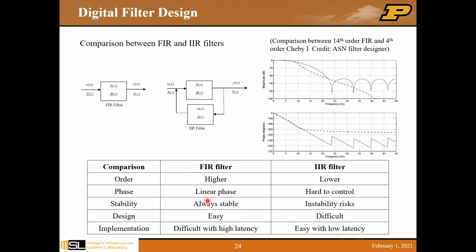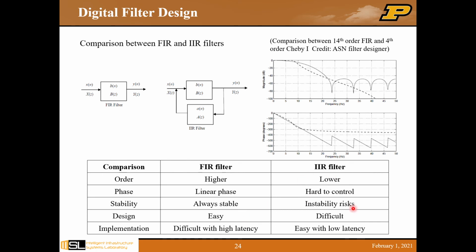As I mentioned before, for the FIR filter, to obtain expected performance, you need higher order, but it has a linear phase. Instead, the IIR filter is hard to control its phase. The FIR filter is always stable, but the IIR filter has the potential of instability because it also depends on the previous output. The FIR filter is easy to design because you just need to figure out the frequency response and then do some additional analysis.